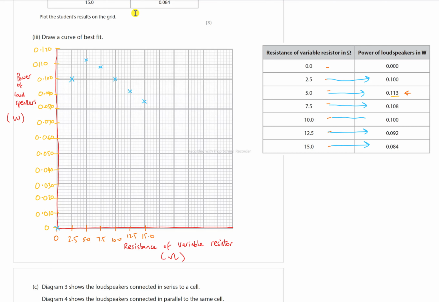Draw a curve of best fit. Right, that'll be an interesting one. Third point. Yep, so what we can do is, this is going to be tricky.